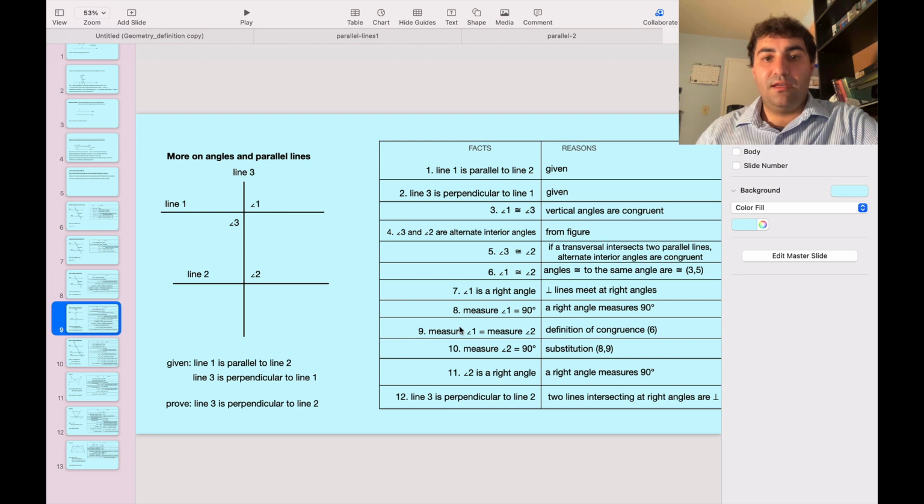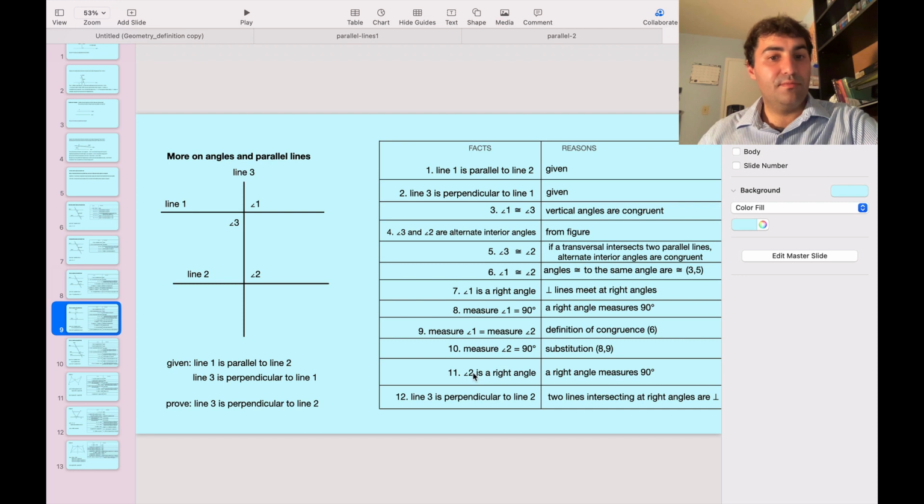But if we look at statement 6, angle 1 is congruent to angle 2, well, what does that mean? That means that the measure of angle 1 is going to be equal to the measure of angle 2 by the definition of congruence, right, for statement 6. And since we know that the measure of angle 1 is 90 degrees, well, the measure of angle 2 is going to be 90 degrees, right, by substitution.